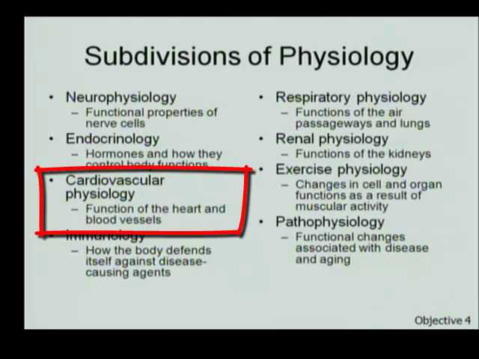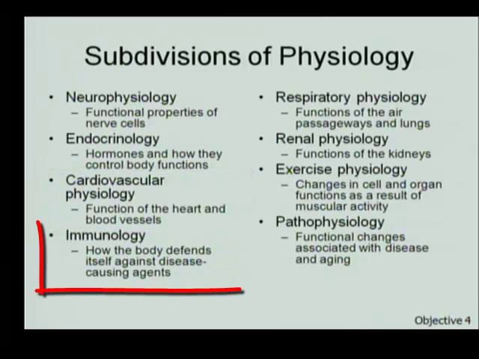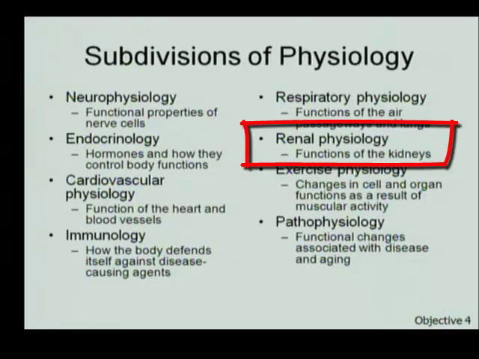That's the cardiovascular system, and so that studies the heart and blood vessels. Or we might be looking at the defense mechanisms of the body, the way that the body defends itself against invaders. The study of that functional system would be immunology. If we want to understand how the kidneys manage and excrete waste, then we do that in renal physiology.